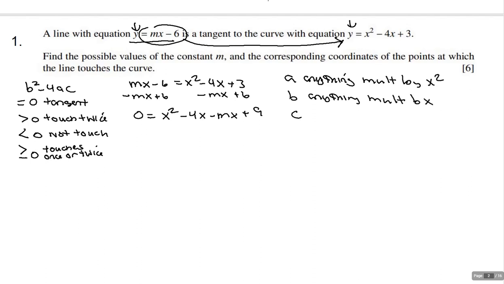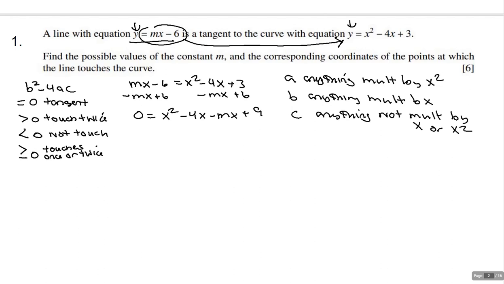And c is anything not multiplied by x or x squared. So first thing I would suggest, even if you're really good at it, is that you go ahead and figure out what your a's and your b's and your c's are.